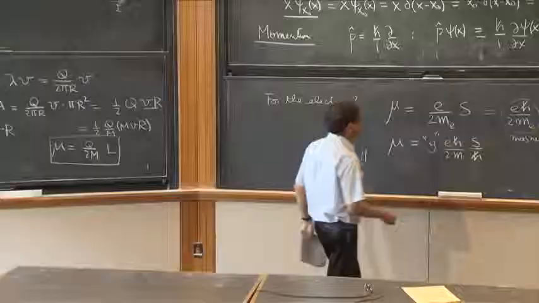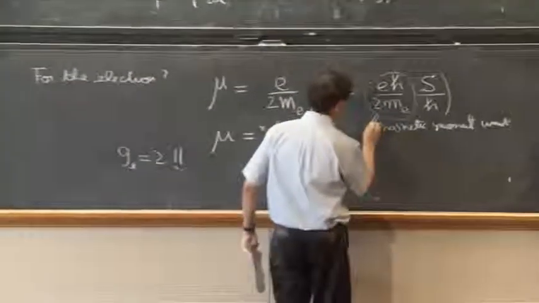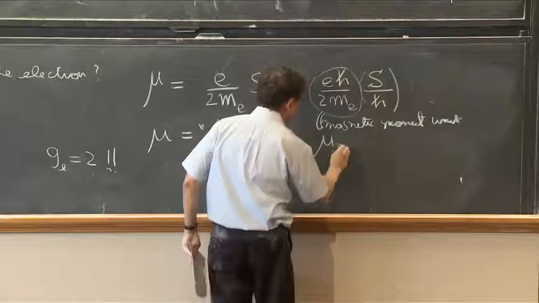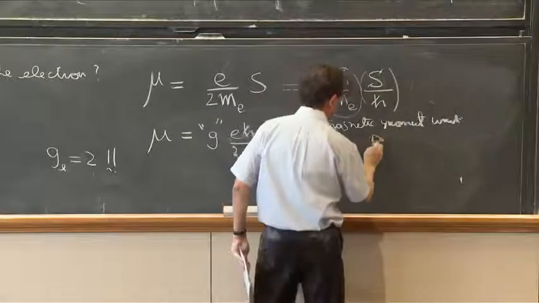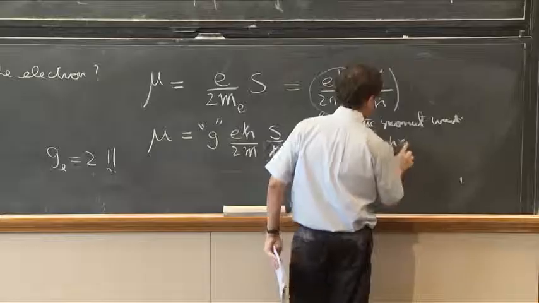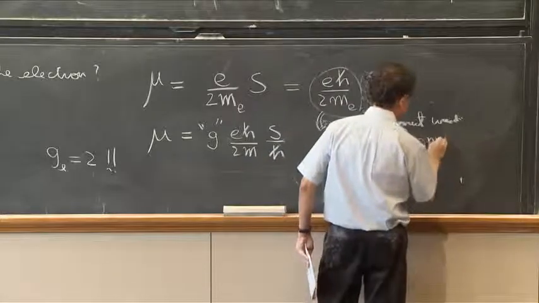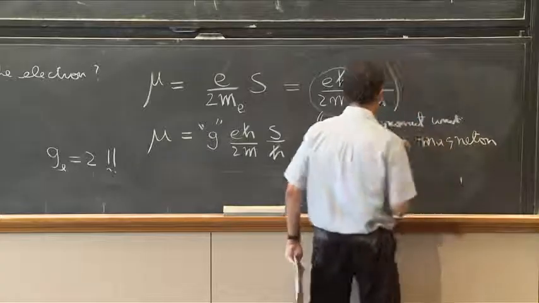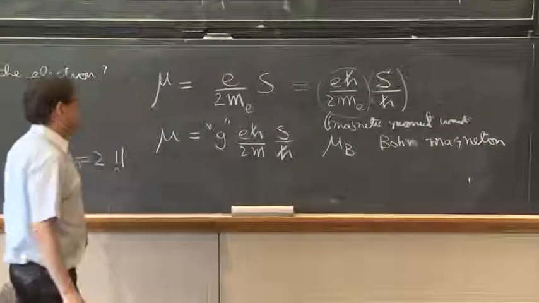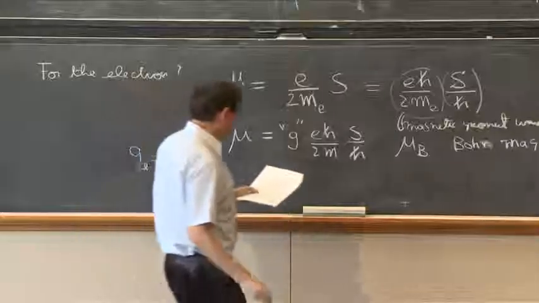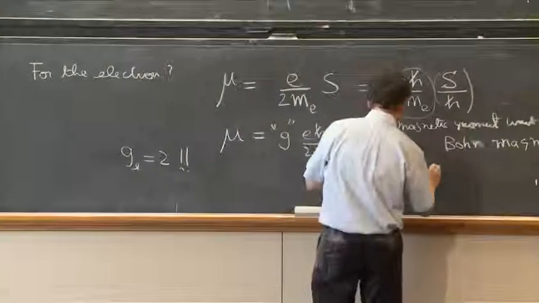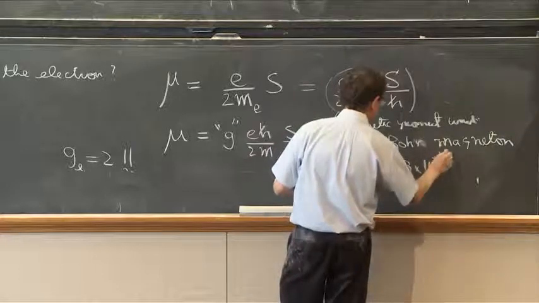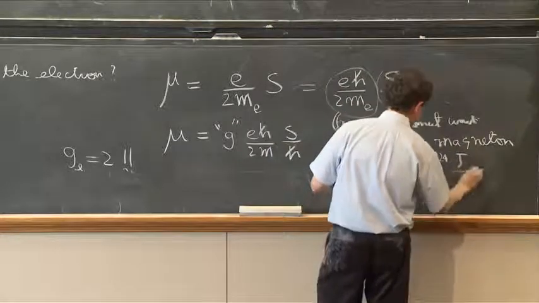So this quantity is a magnetic dipole moment, called mu_B for Bohr magneton. So how big is a mu_B? It is about 9.3 times 10 to the minus 24 joules per Tesla.